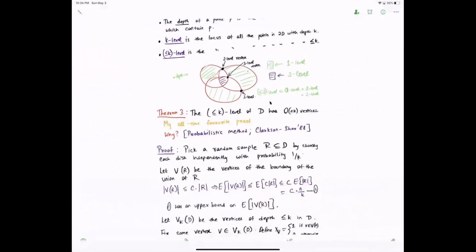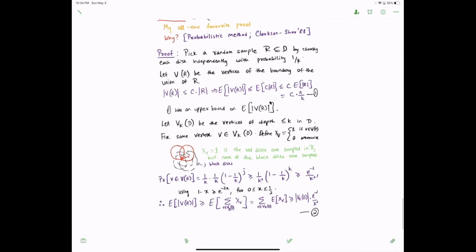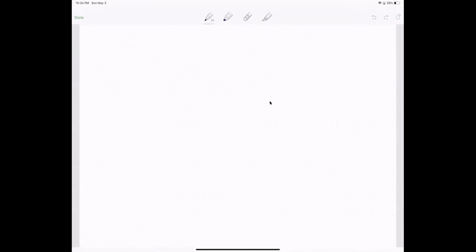We had this equation 1 here, which gave us an upper bound on E of V of R. Now we have attained a lower bound on E of V of R. Now we just have to combine equation 1 and equation 2. Let me write one more step just to add the dramatic effect.